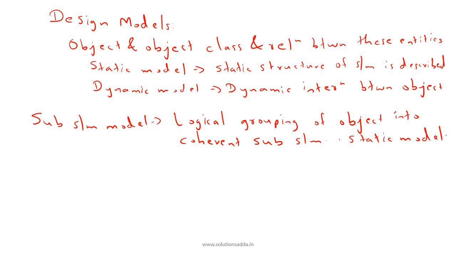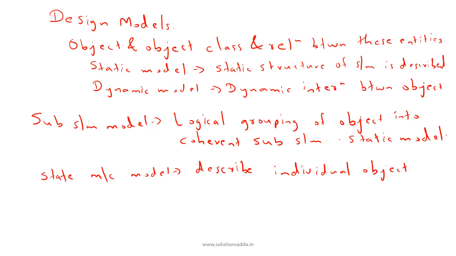Now, let's see what are state machine models. It shows how individual objects change their state in response to event. It describes individual objects change their state in response to event.